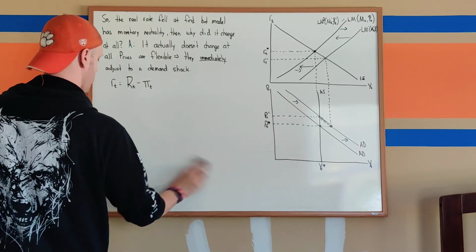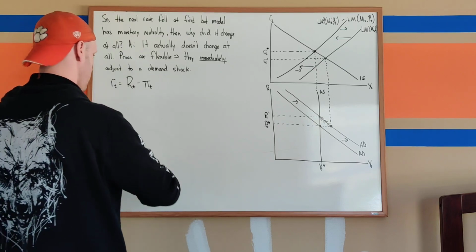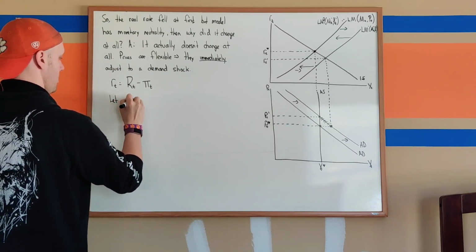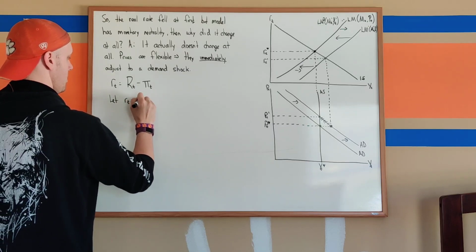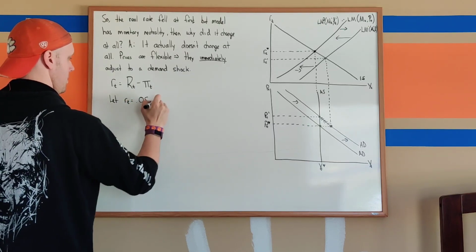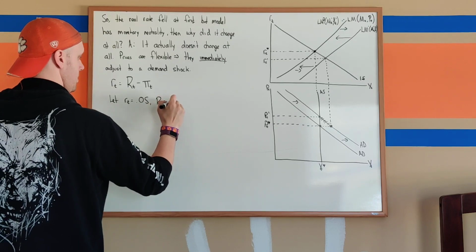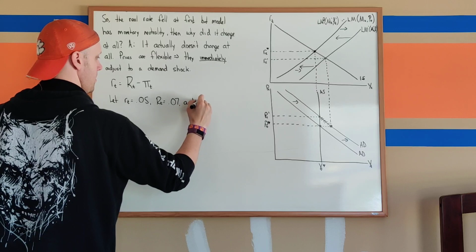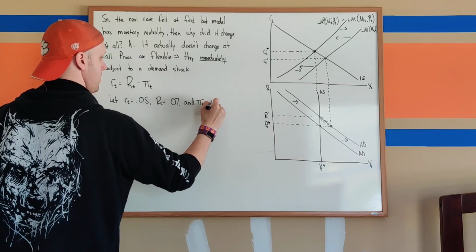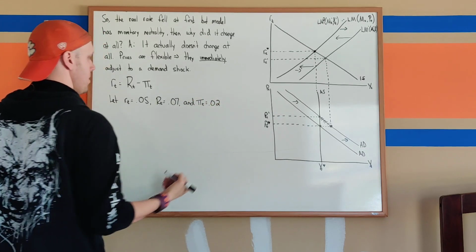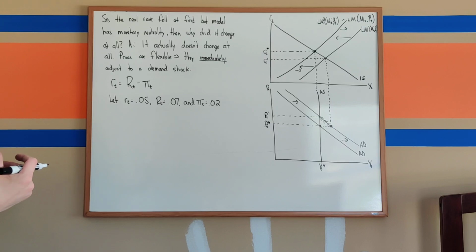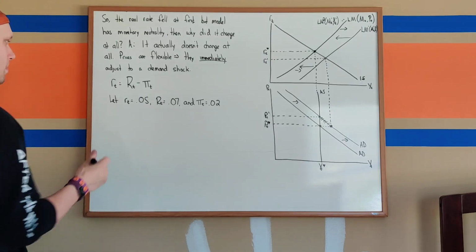So if we just use this equation here, the real interest rate is 5%, the nominal rate 7%. That implies the rate of inflation has to be 2%.